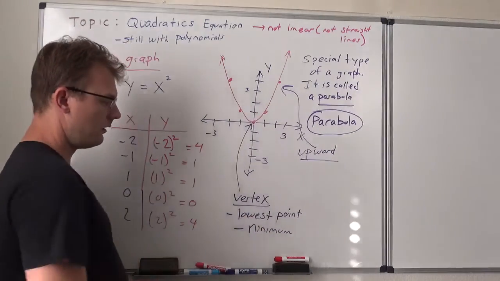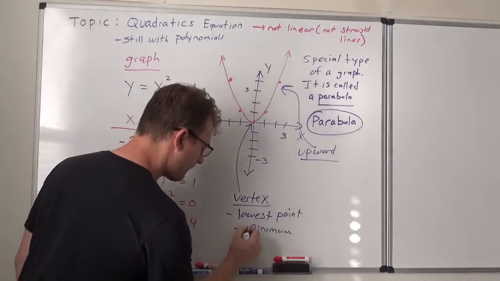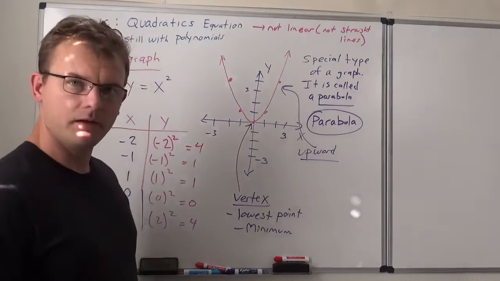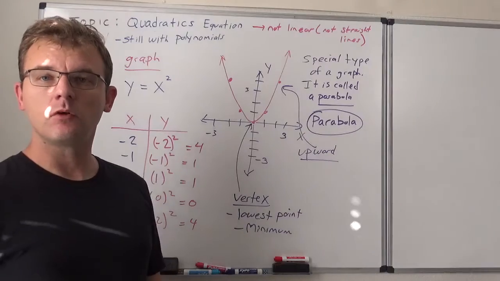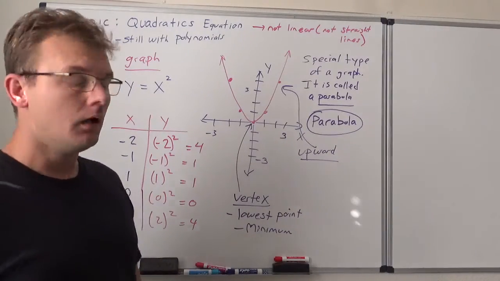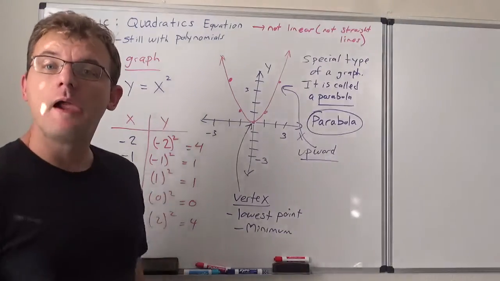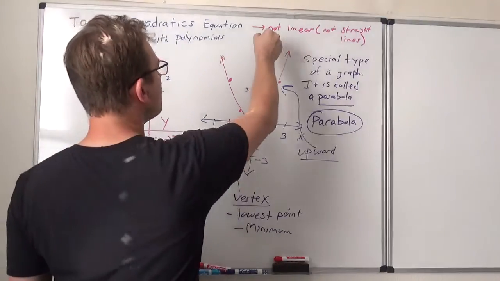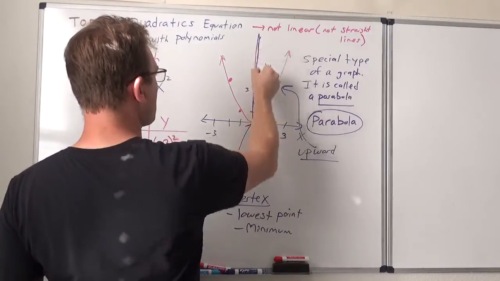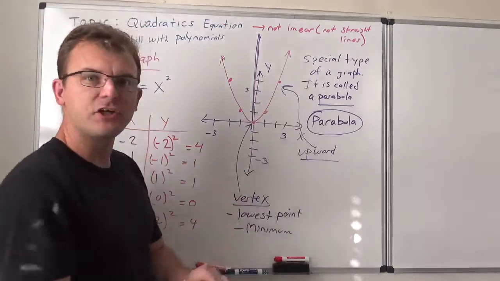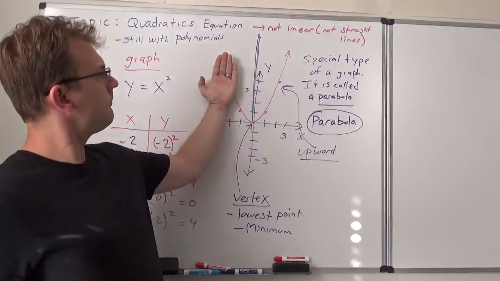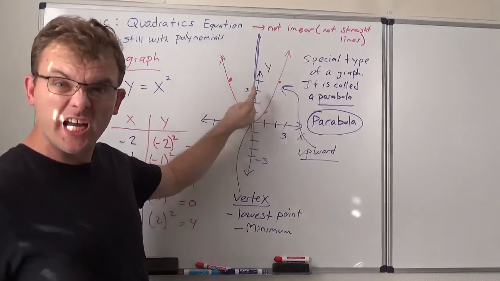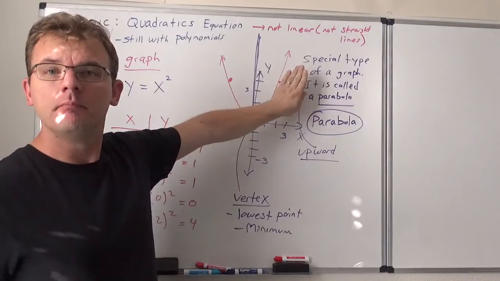Vertex, the minimum, lowest point. And that's important because I hope you can see this. You see this line right here? If I took this graph and I folded it along this purple line, it should line up.